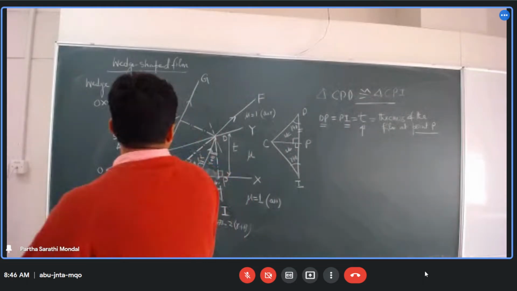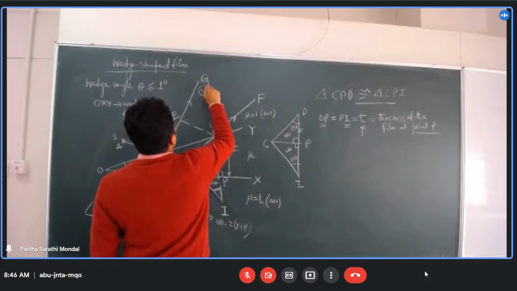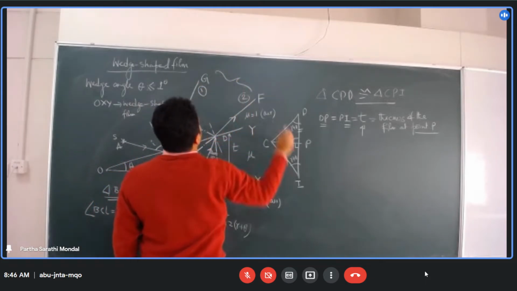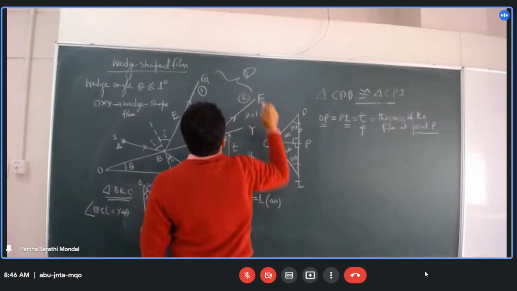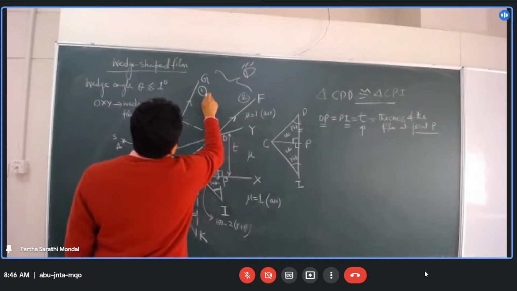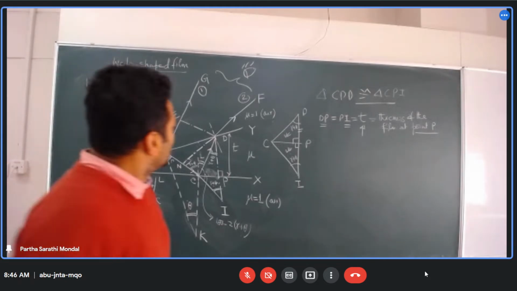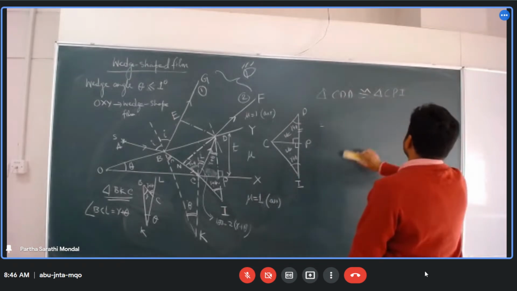So now what we will do? So this is ray 1, this is ray 2. So these two rays will interfere to produce interference pattern here. Okay, and we have to find out what is the path difference between ray 1 and ray 2. We have to calculate it. Okay, so let us do the mathematical geometry step by step.